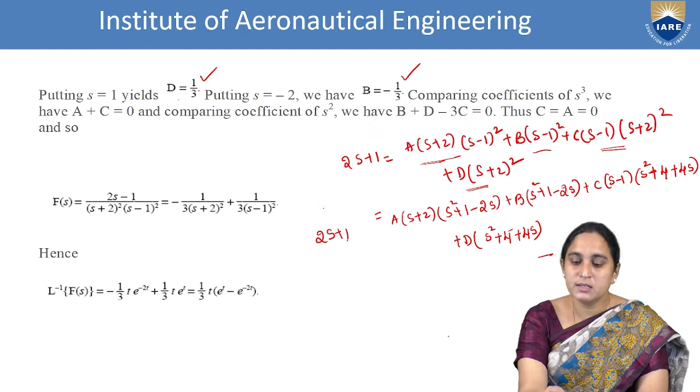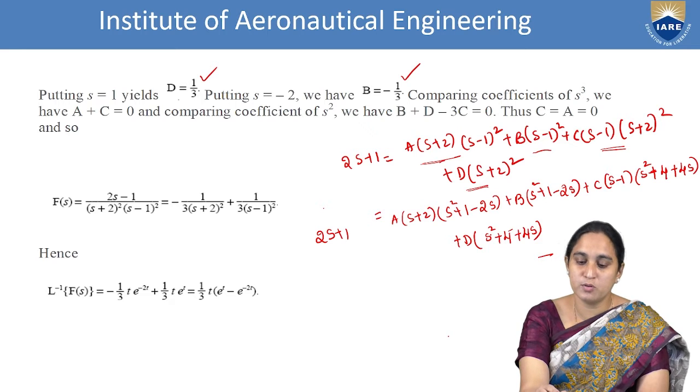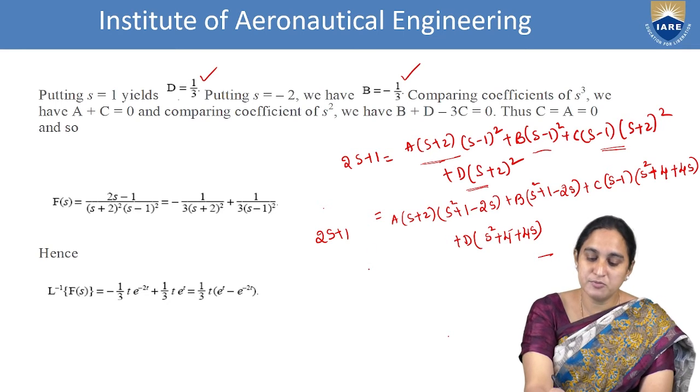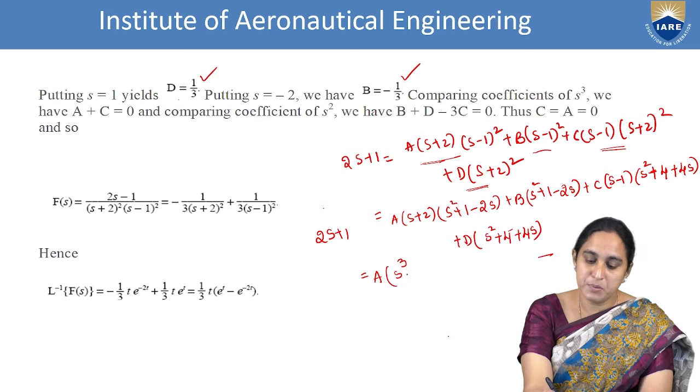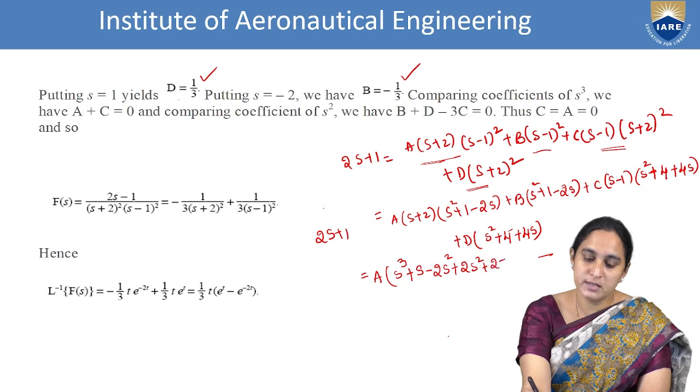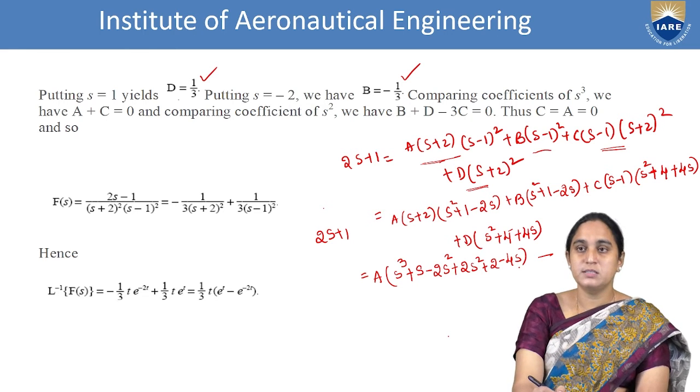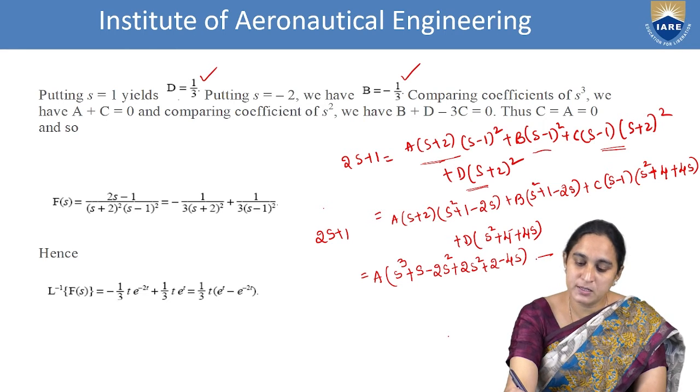Okay, from that, I am comparing the coefficients of S cube. How am I comparing the coefficients here? First I'll multiply A into, S into S square means S cube, minus 2S square, next plus 2S square plus 2 minus 4S. Okay, this is the A part. From that, the B part: plus B into S square minus 2S plus 1.